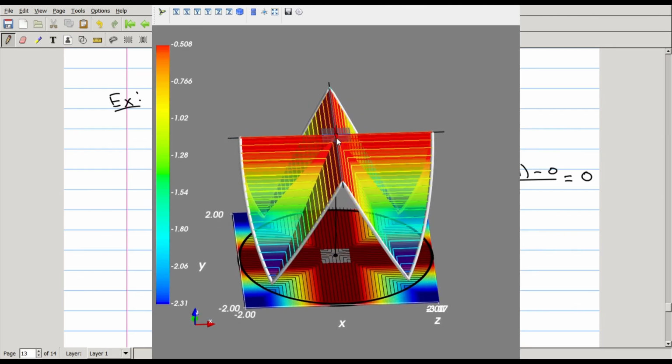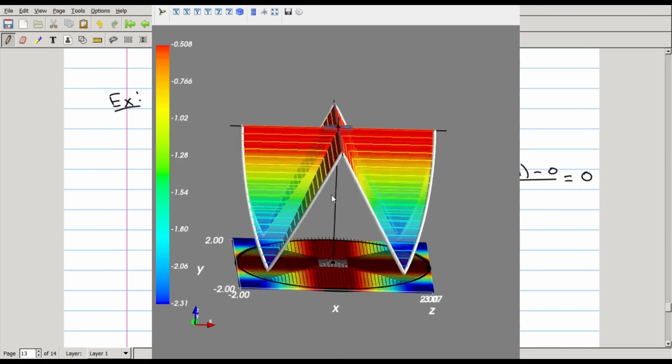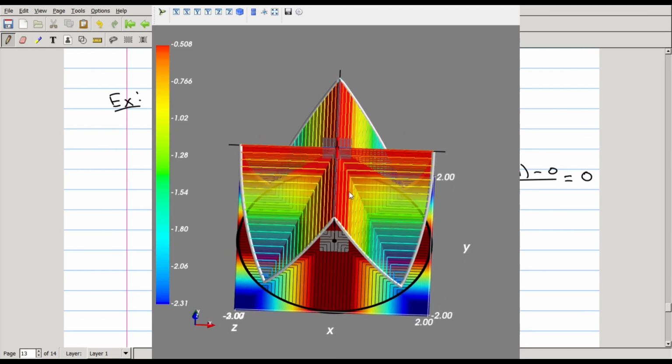And you can see why right here. I plotted the tangent plane that we should get at the origin, point 0, 0, and you can see very clearly that the linearization at this point is not a good approximation of the function around points that are close to 0, 0.